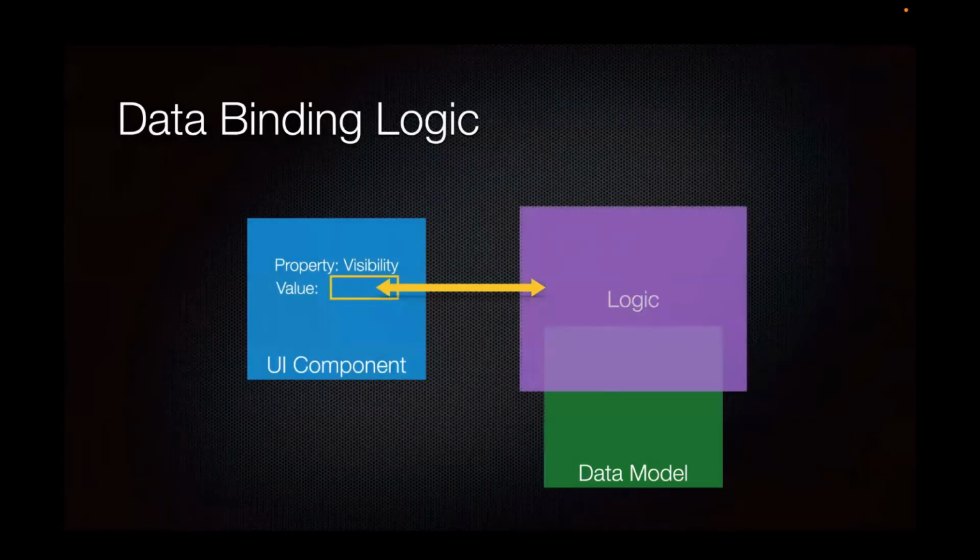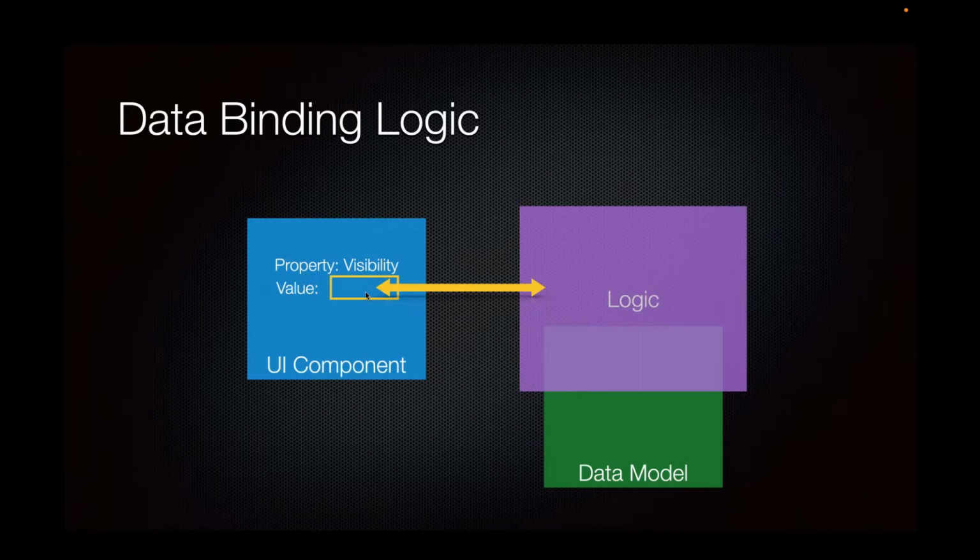Now, in the example that I demonstrated, my value for the visibility property was tuning into a property in data model. Sometimes, and quite often, you may not just be able to assign the property in data model. You need to add some logic that will run whenever page is being re-rendered.